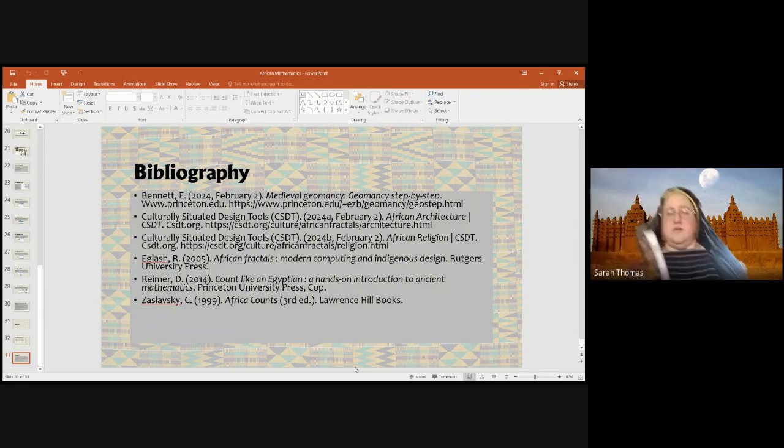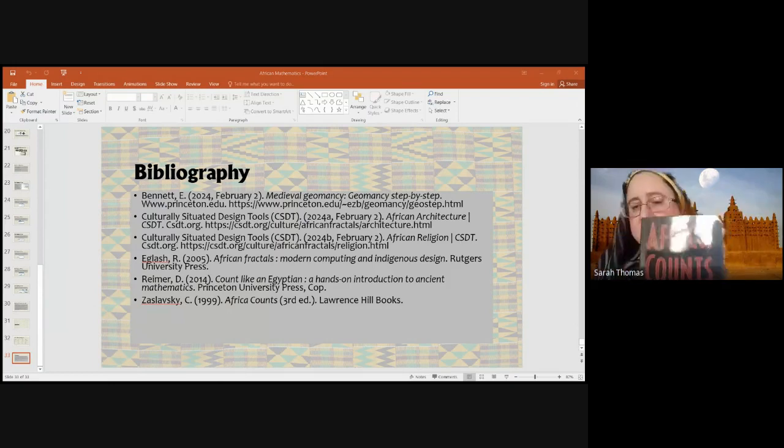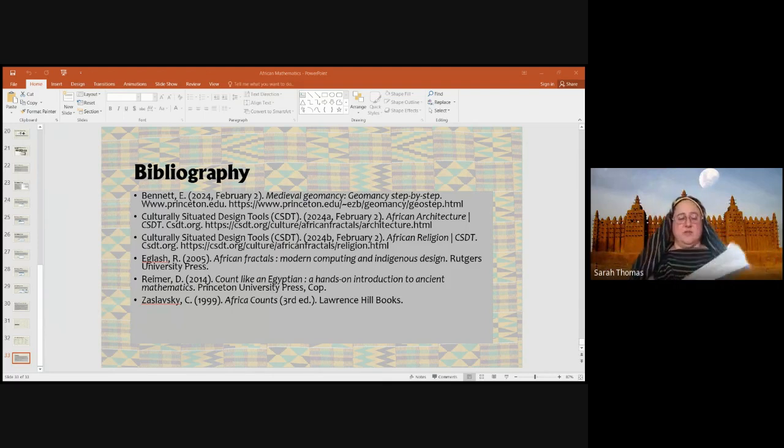This is what it looks like. It's hard for the camera to pick up, but Number and Pattern in African Cultures is a classic. There's really not a whole lot published in books on this.